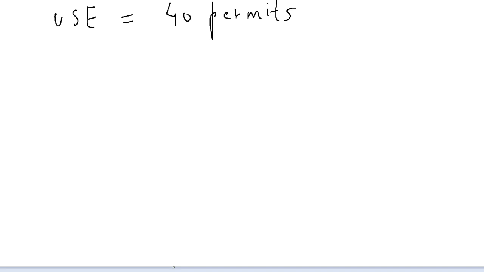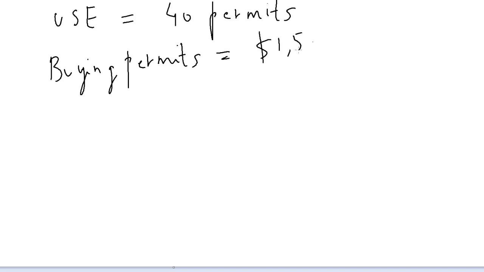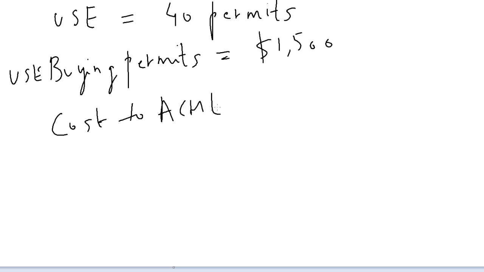The only cost that they had was buying permits, equaling $1,500. Okay, and so USC buying permits, and then the cost to Acme was simply $500, as we just saw.